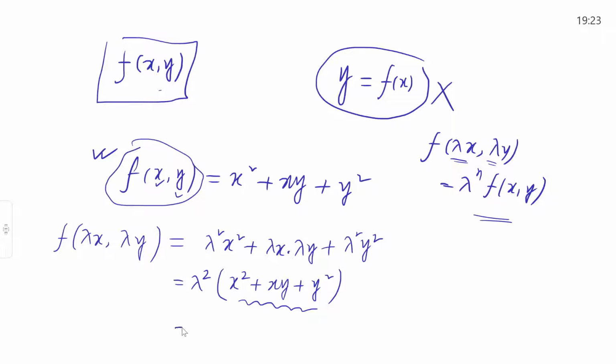Now this expression is obviously f of x y. So I can write this is equal to lambda square into f of x y. The function is unchanged. So f of lambda x, lambda y is equal to lambda square into f of x y. Therefore, this function is a homogeneous function of degree 2. So this is the case when a function is said to be a homogeneous function.